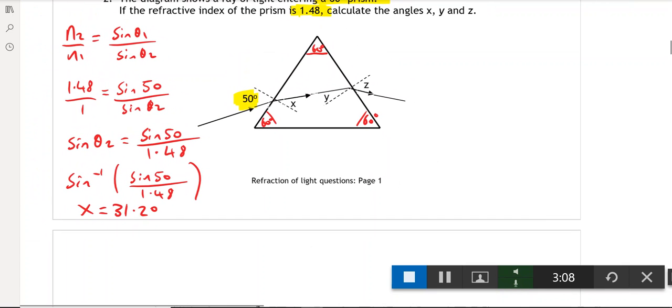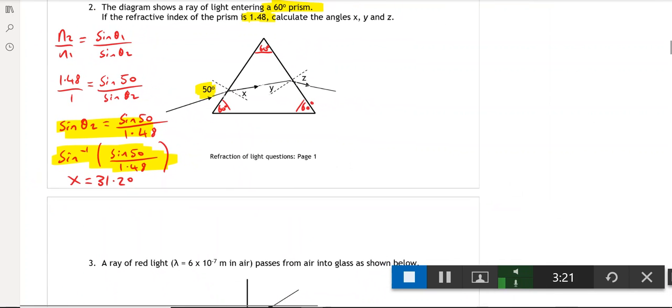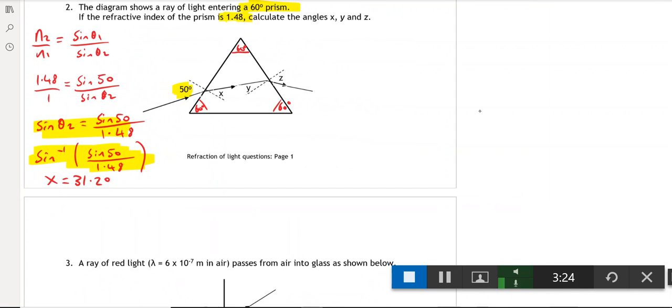If this line of working is confusing, you're going to need to go to your maths notes and have a look at your trigonometry rules again. I'll show you this one time over on the right hand side, just for anybody that's not sure. If you have sine theta 2 equals sine 50 over 1.48, you take your calculator and get 0.51.